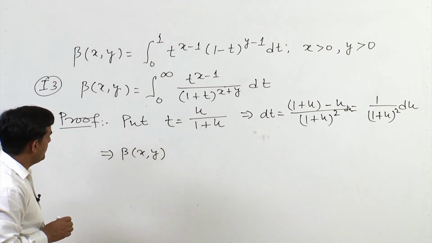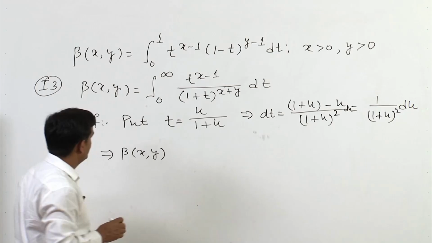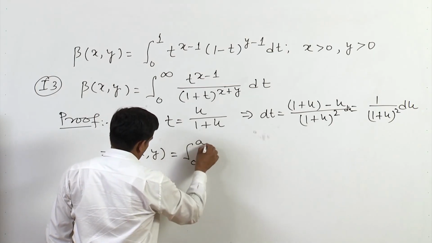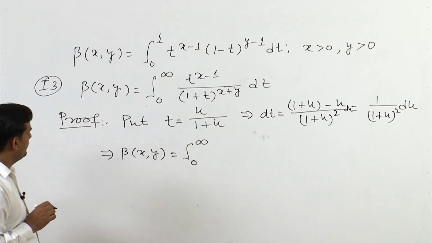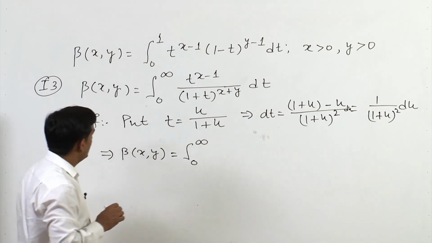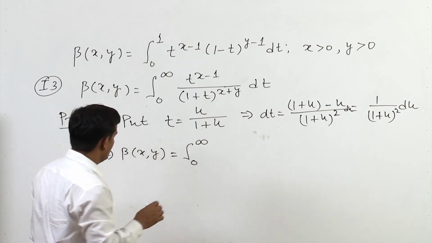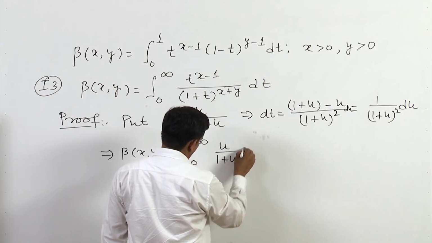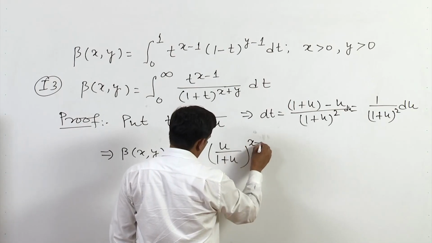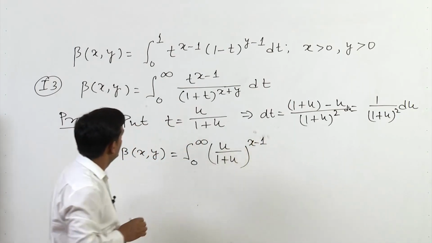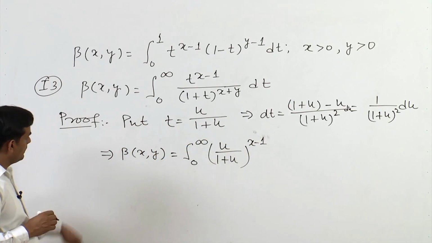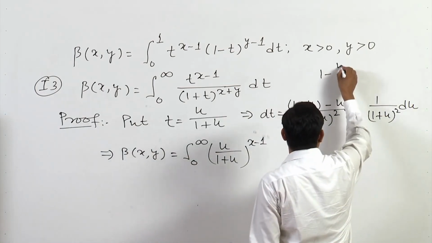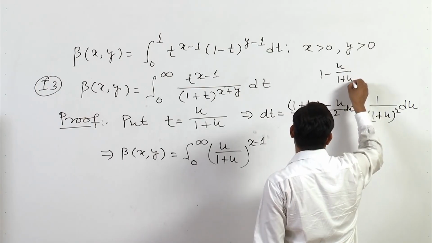So, from here I will get beta x y equals the integral from 0 to infinity of t raised to power x minus 1. So, u upon 1 plus u raised to power x minus 1, then 1 minus t. So, 1 minus u upon 1 plus u.